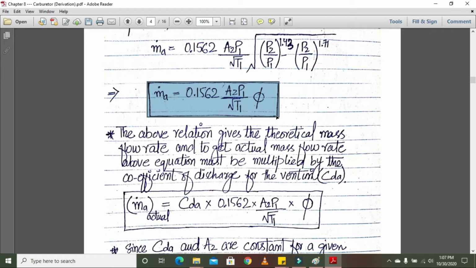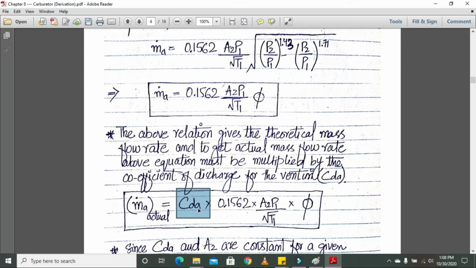But actually there will be a lesser mass of air going inside the venturi section of the carburetor, and in order to incorporate such effects we would multiply this term with the coefficient of discharge of the venturi, which is CDA, where A in the suffix represents air.